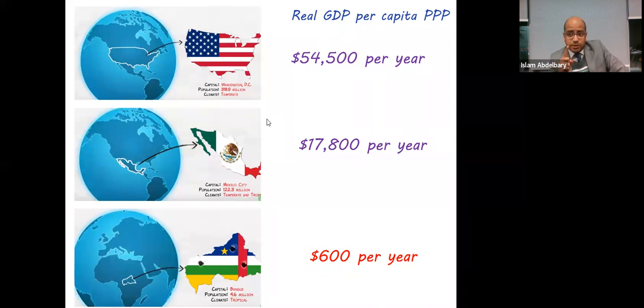So the average income, let's say, in the US is 55,000. In Mexico, 18,000. In Central Africa, just 600. This is the real GDP. So how can we use the different levels of real GDP per capita to explain the standard of living of people?